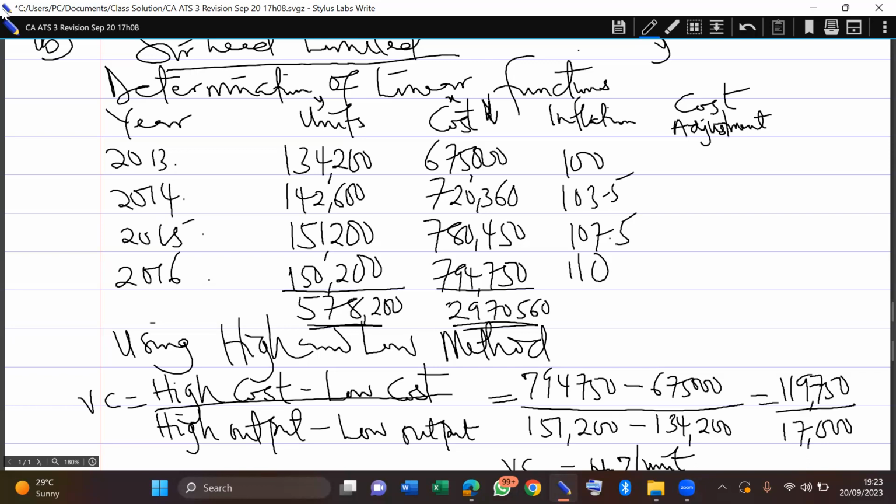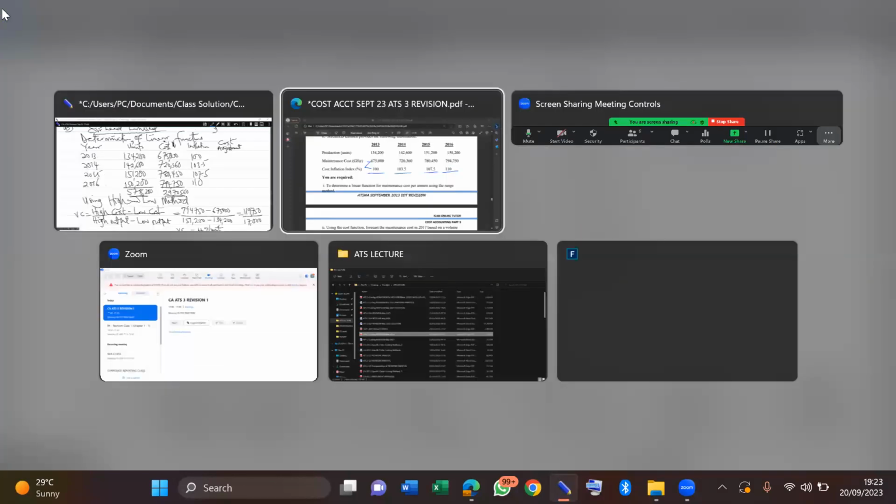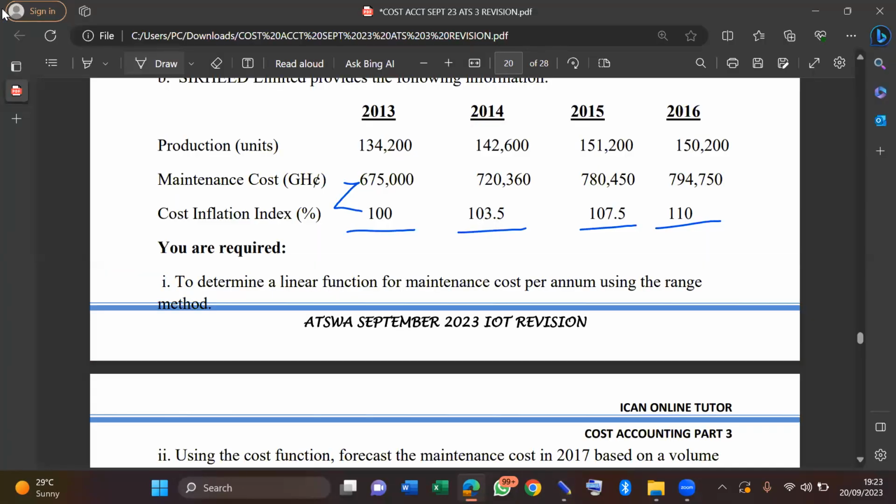Now, how do we factor inflation into it? This is 100. Inflation is in percentage.